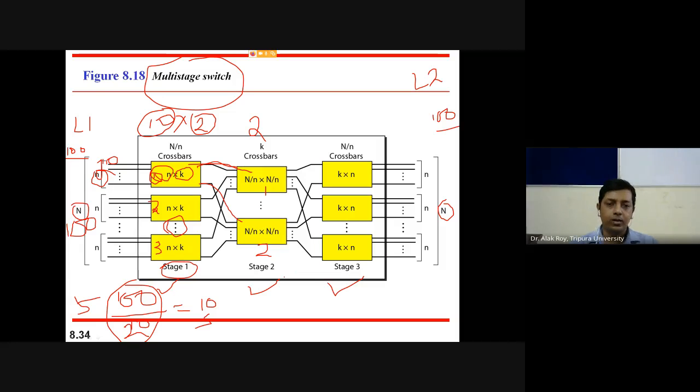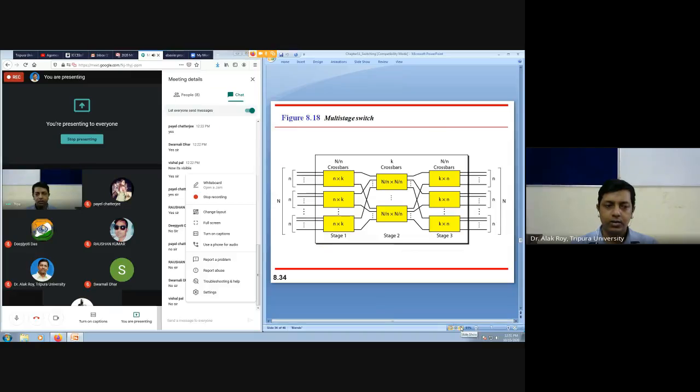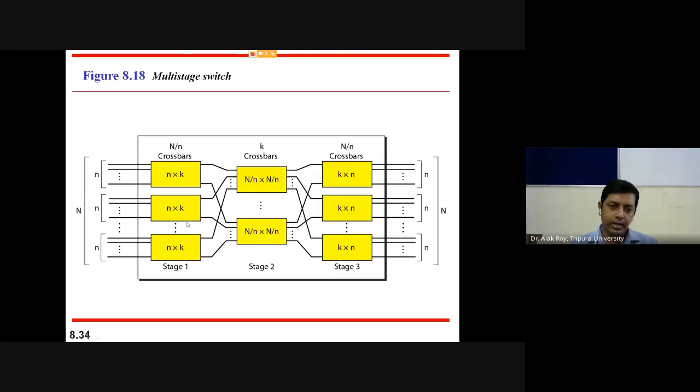Okay, see again, I am trying to convey to you that in a multi-stage switch, to connect n users with other n users, you have to use different switches at different stages.